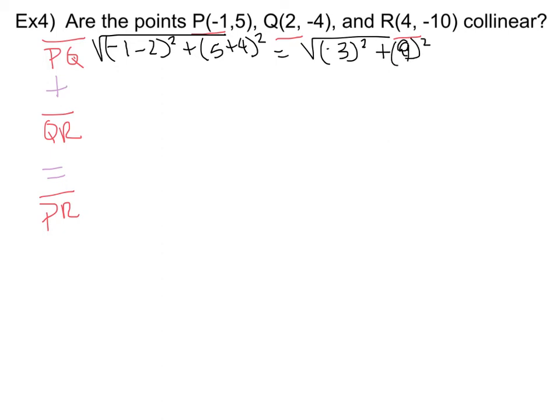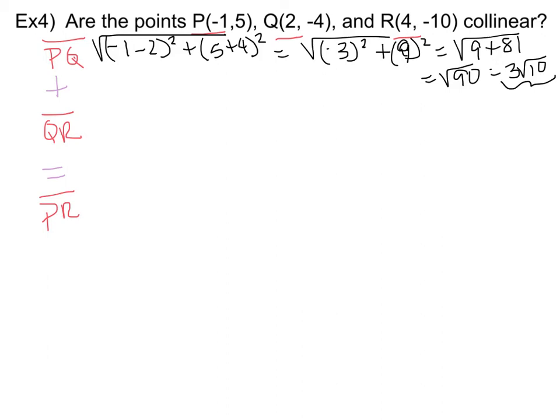That's 9 plus 81. If we break that down, I end up with the square root of 90. For this problem we break it into 3 square roots of 10, because you want to break it down since you're going to be adding. Okay, let's do the next one.